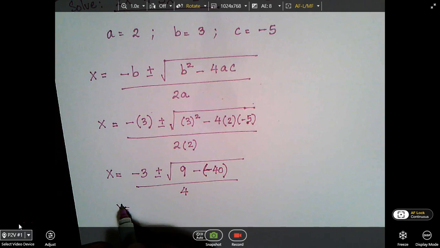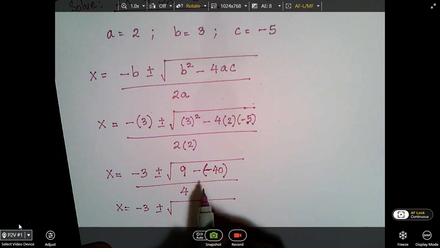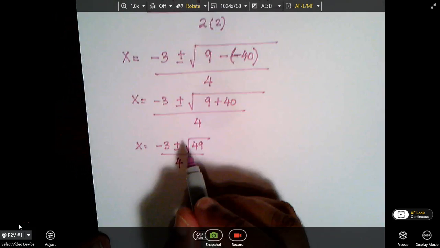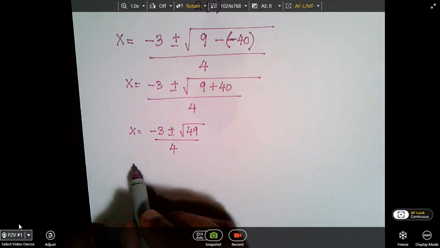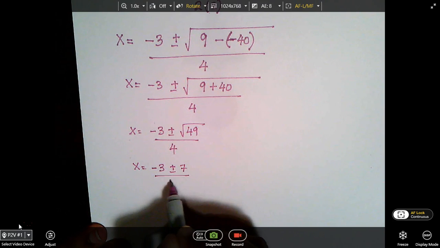So x equals negative 3 plus or minus square root of negative, negative 40 is going to give me a positive, so 9 plus 40, divided by 4. So negative 3 plus or minus square root of 49 divided by 4. I have to square root the 49. x equals negative 3 plus or minus 7 divided by 4.